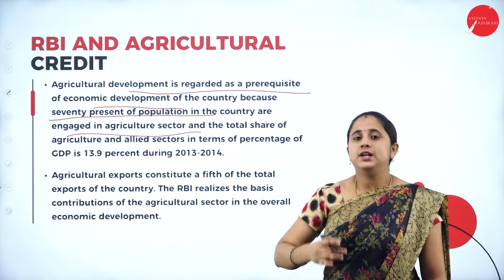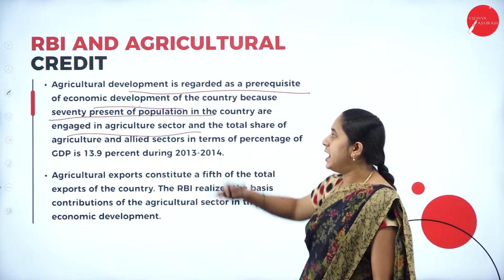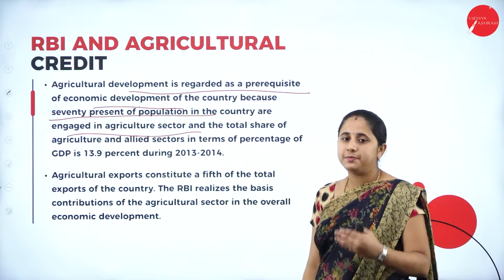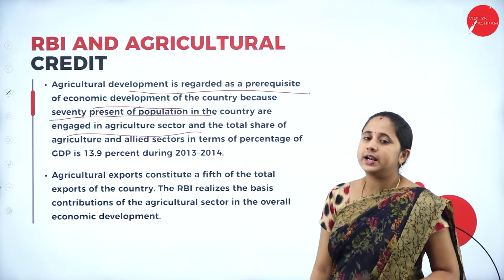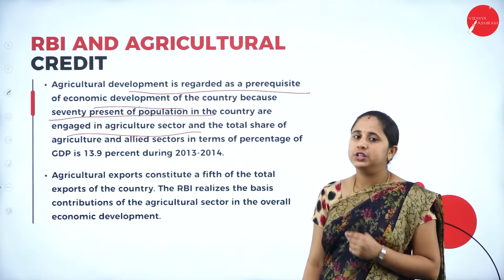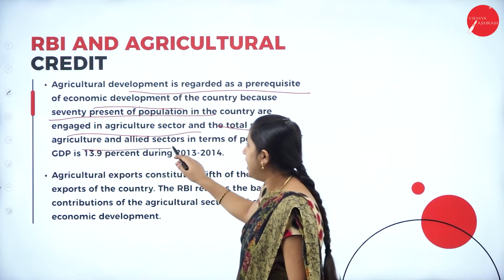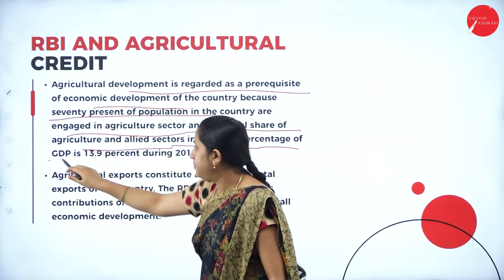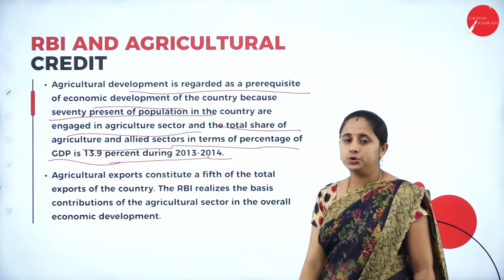It helps to develop the Indian economy. The development of the Indian economy depends on agricultural development. So RBI needs to contribute and give importance to agricultural credit and agricultural activity for Indian economic development. The total share of agriculture and allied sectors, in terms of percentage of GDP, is 13.9% during 2013 and 2014.